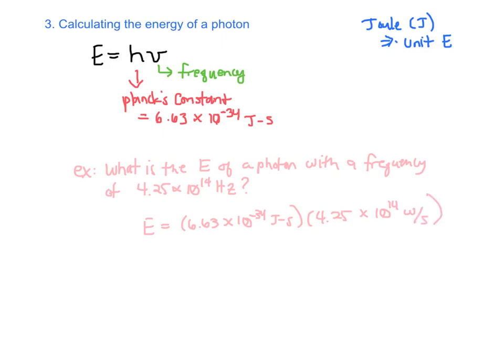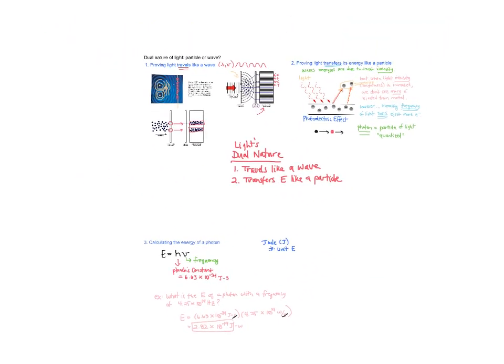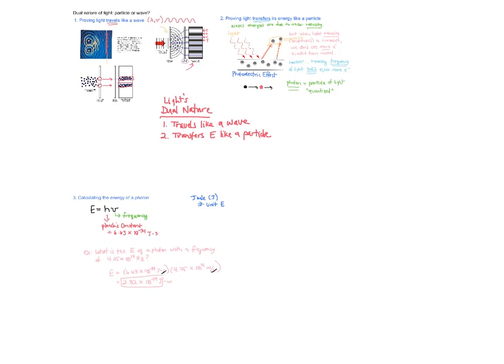So you can see that your second cancels, and you're multiplying Planck's constant by the frequency, and you're going to end up with this number, 2.82 times 10 to the negative 19 joules per wave. But we're just going to go with joules. And that's going to be the answer to that question. All right, so we have covered the dual and particle nature of light.